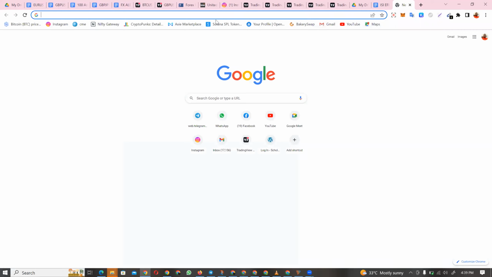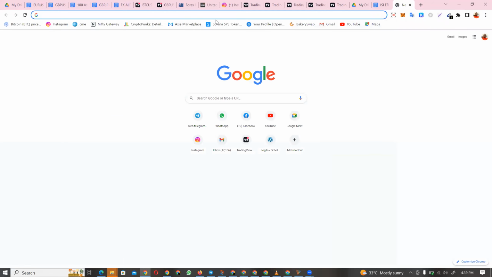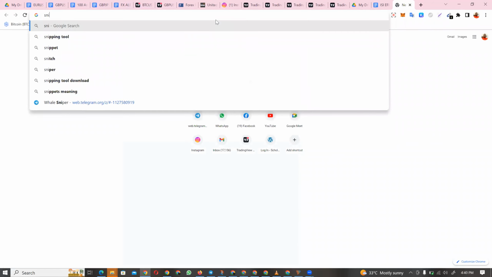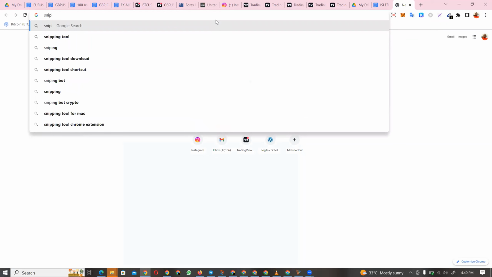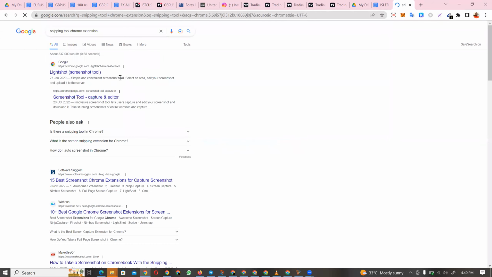You just write sniping tool Chrome extension. Once you open it, the name is Lightshot. I have it already. If you want to screenshot anything, it will help you.